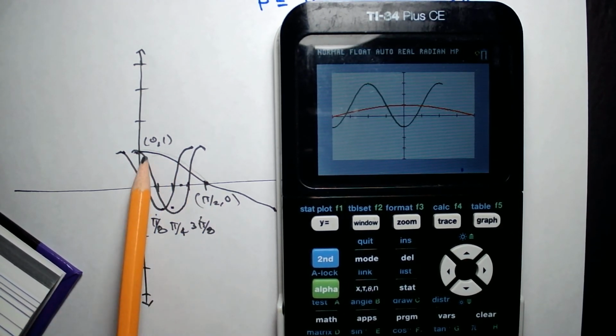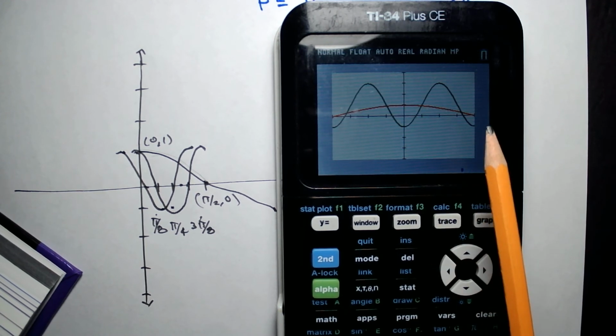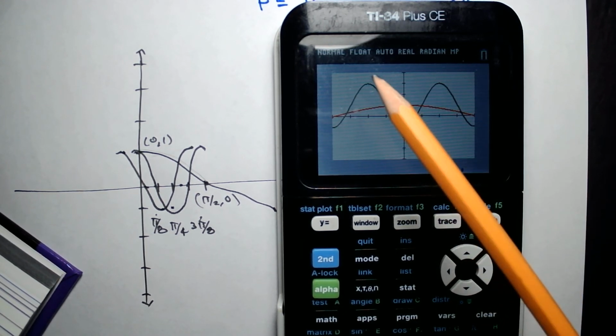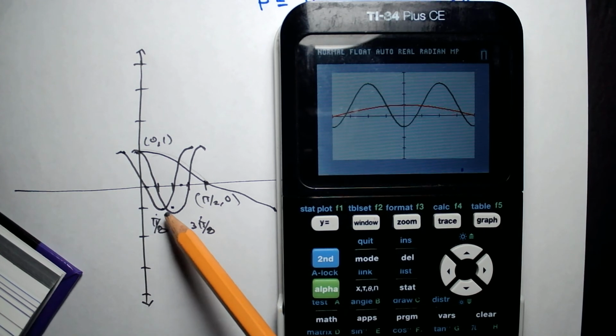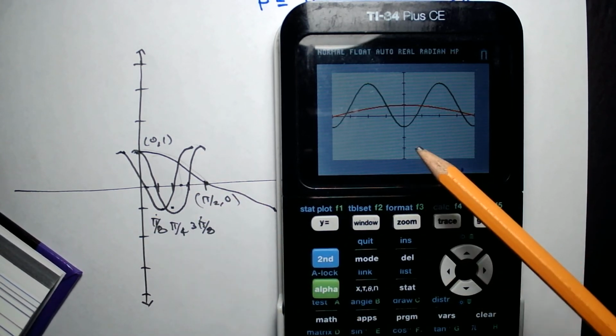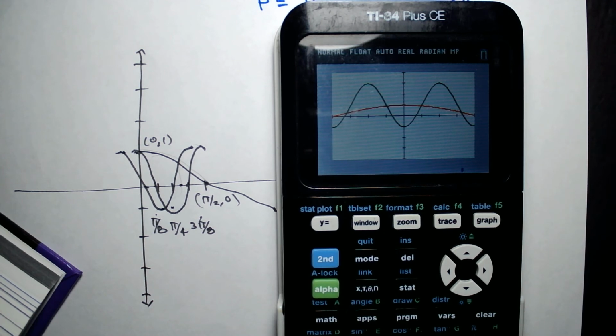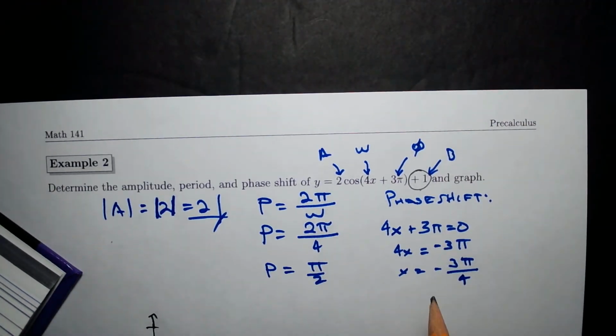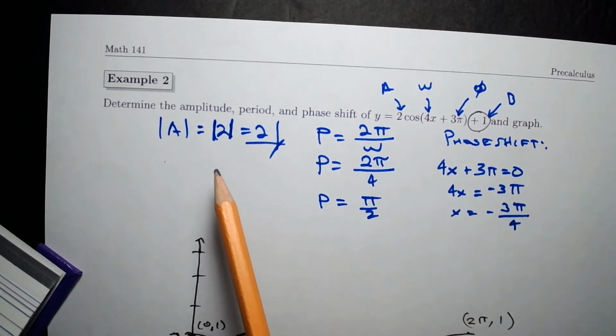For cosine, I get only that portion of the graph. And see how I also get this one right here? It's a little bit shifted, right? And that's how the shifting looks, how all the shifting, the period, and the amplitude affect the graph.